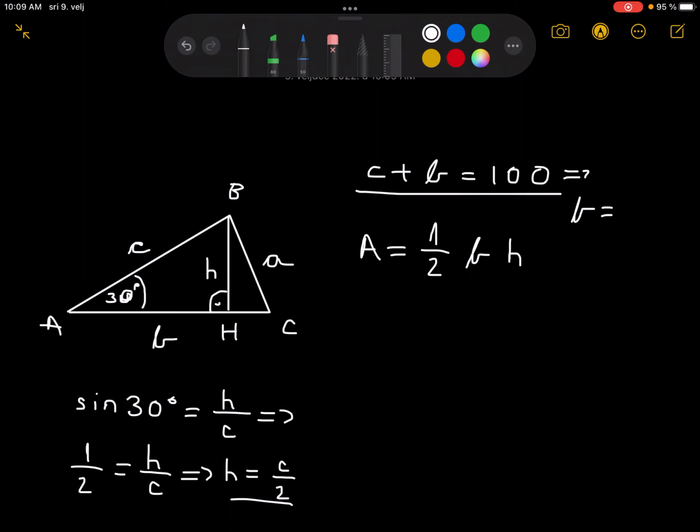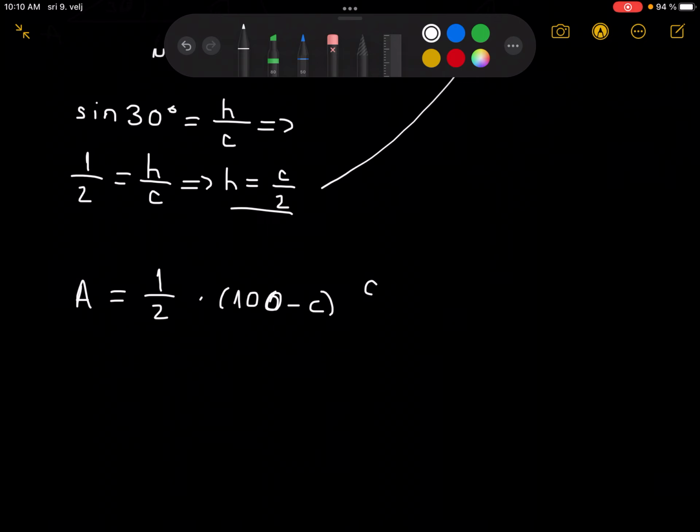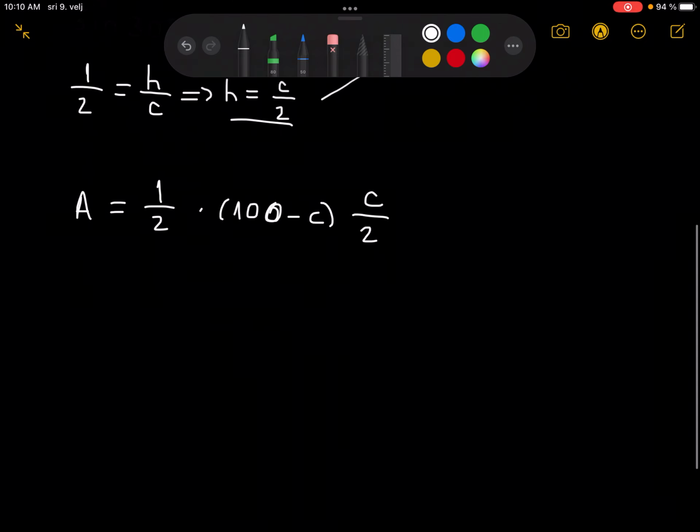So we'll get that the area as a function of C is equal to 1 over 2 times 100 minus C, so 100 minus C, and times H, which is just C over 2.